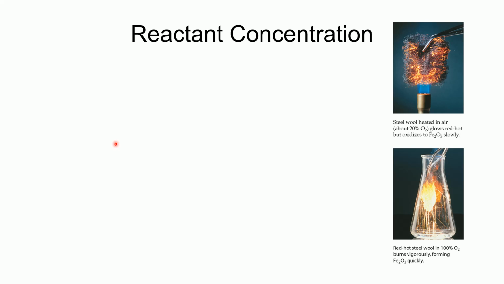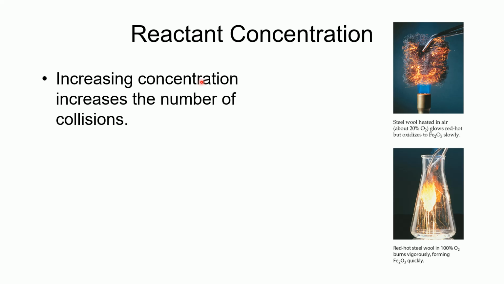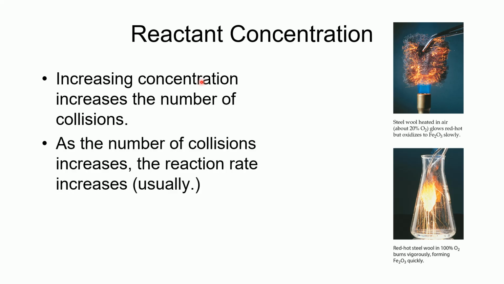Our next factor is reactant concentration. Again, generally speaking, increasing the concentration increases the number of collisions. And by increasing the number of collisions, we'll increase the rate of reactions. So an example of this is the steel wool that I have over here on this top picture.